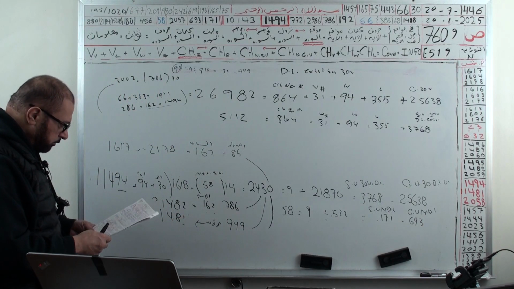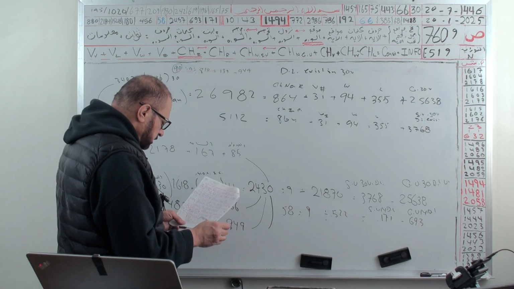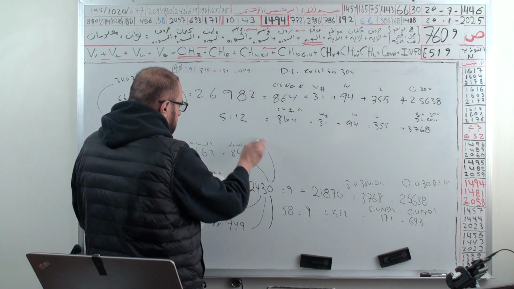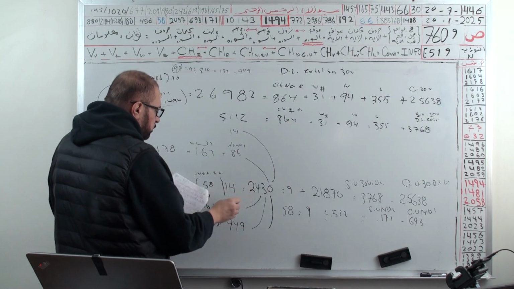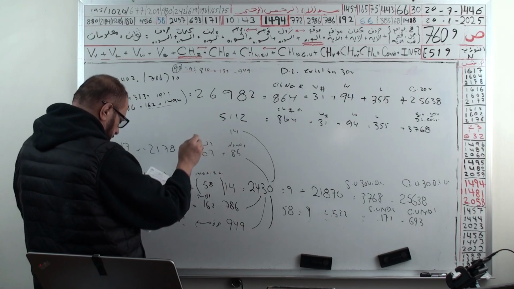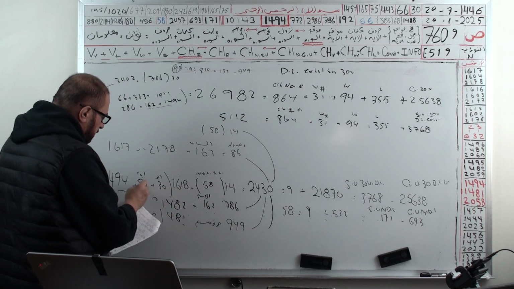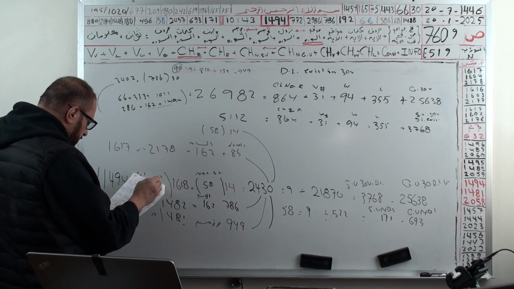Anyway, let's move on. If we take 14, which is the total number of letters, times 58, I solve here for it, 30 plus 94. What if we choose this?